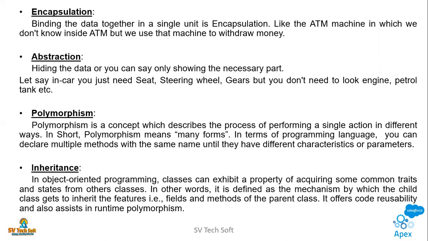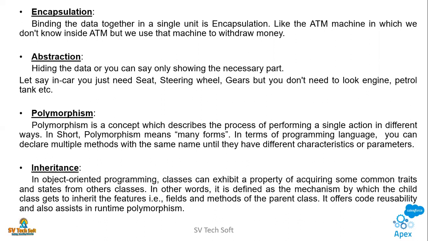Let's say in a car, you just need the seat, steering wheel, and gears, but you don't need to look at the engine or petrol tank. Whenever you drive a car, you focus on your gears and steering, but you are not looking at the engine or petrol. Those stay hidden, and only the required things are visible. You can hide particular data programmatically with the help of the abstraction feature.